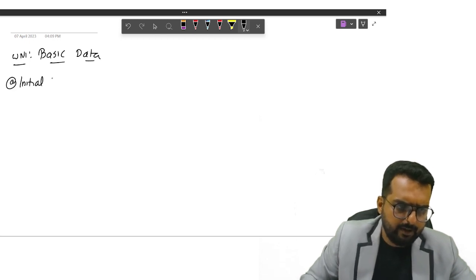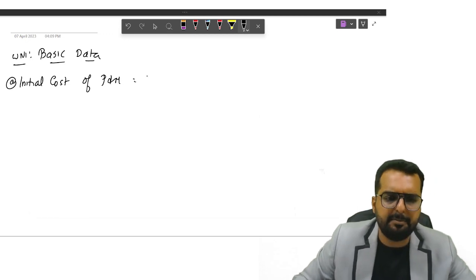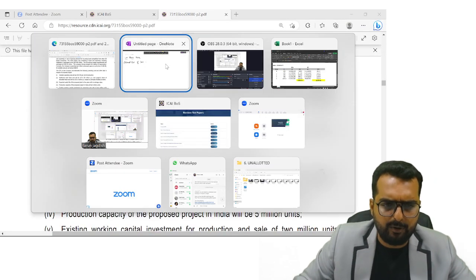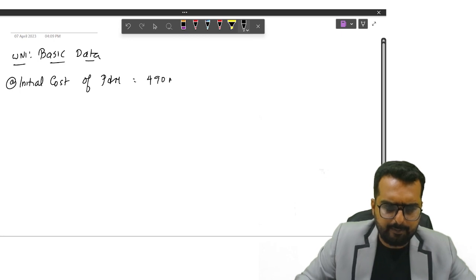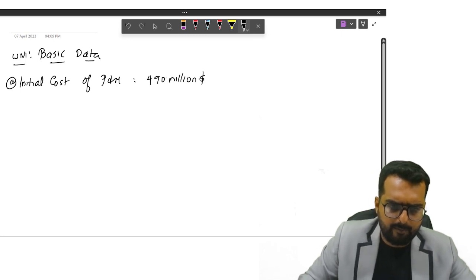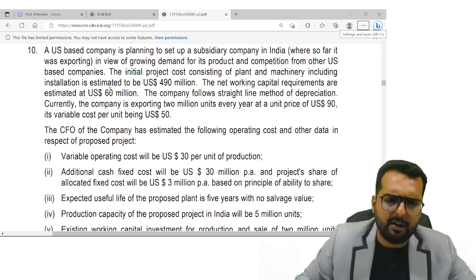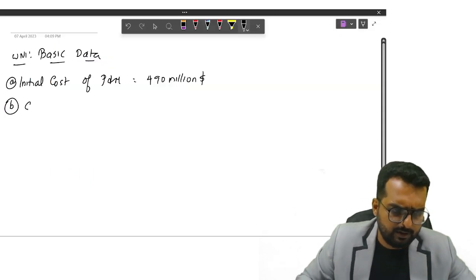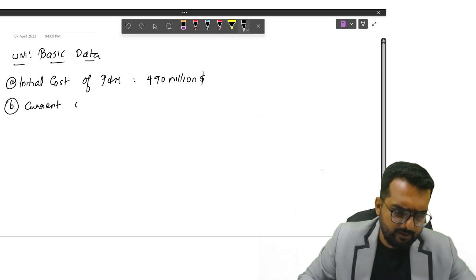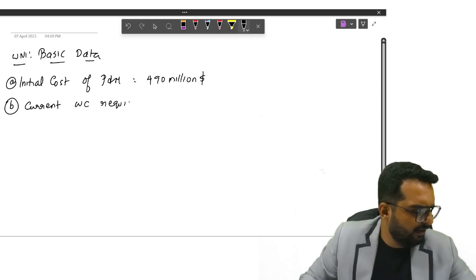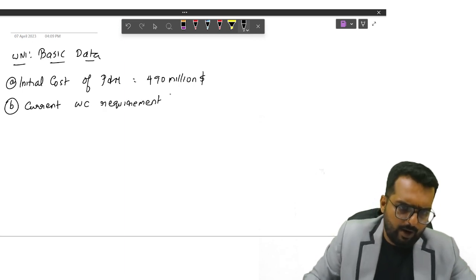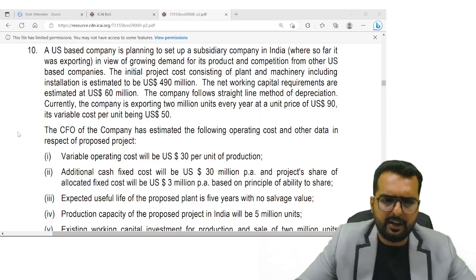Point A, initial cost of plant and machinery, 490 million. Point B, the current working capital requirement will be $60 million.